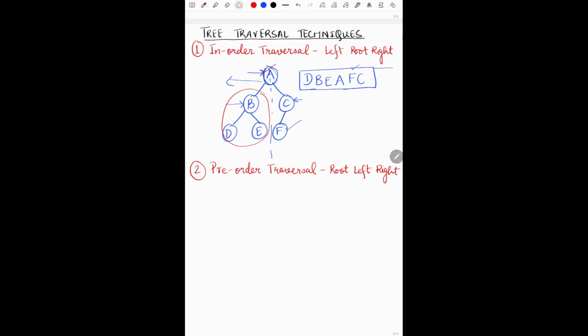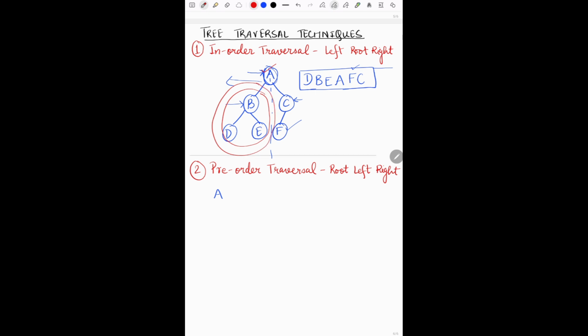Now what happens here is, we go to the root and we traverse the root itself first. So we'll write the root here and then we move on to the left subtree.